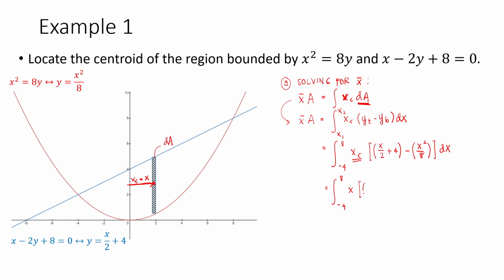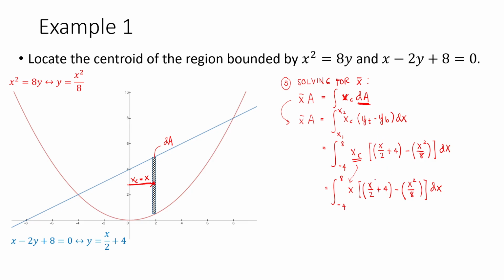So x times x over 2 plus 4, then minus x squared over 8 dx. Again, your x sub c is the centroid going towards the differential area.